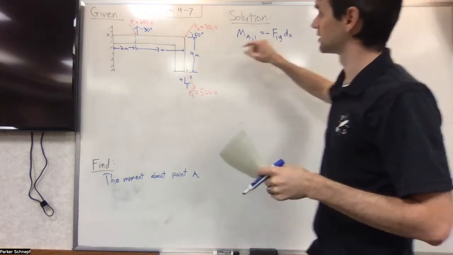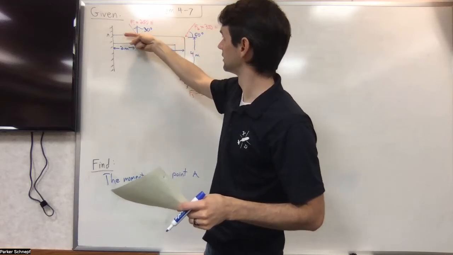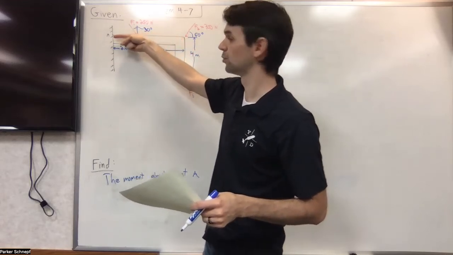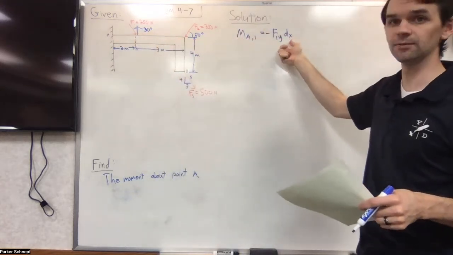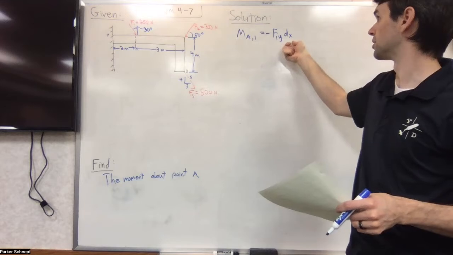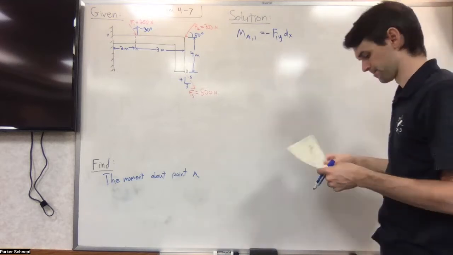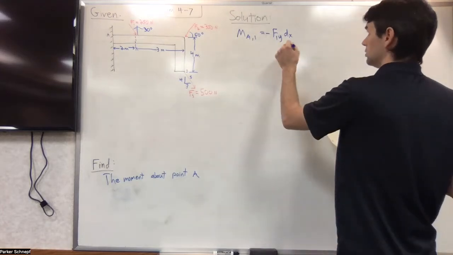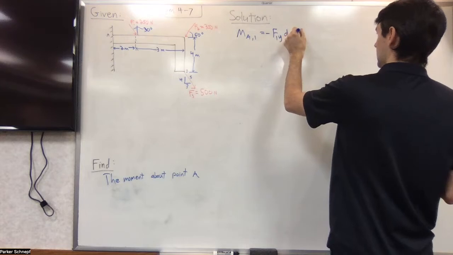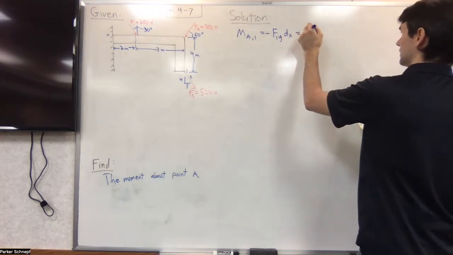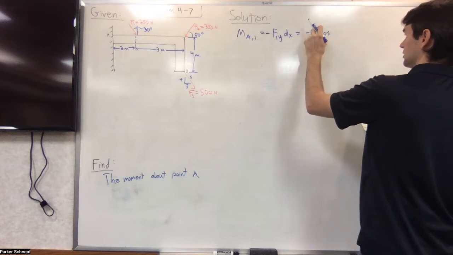Even though F1 has an x component, that x component lines up with point A. So even though there's an x component there, the travel distance is 0, and its contribution to the moment is 0. I can rewrite this as negative F1 cosine 30 times 2.